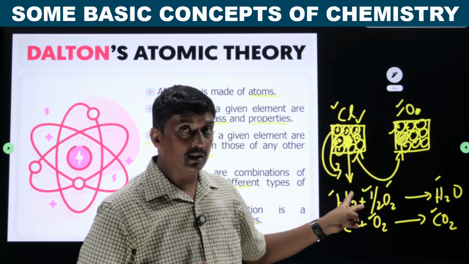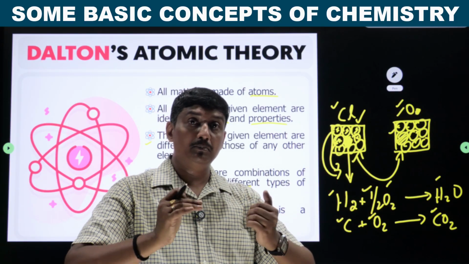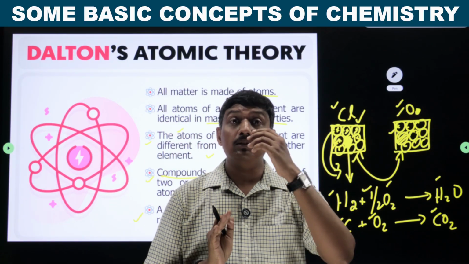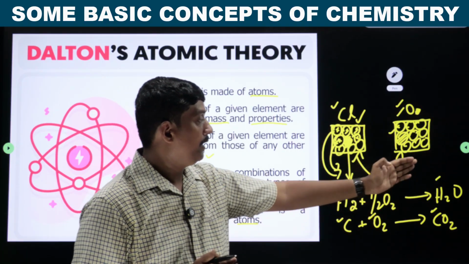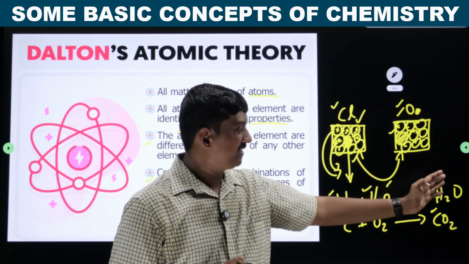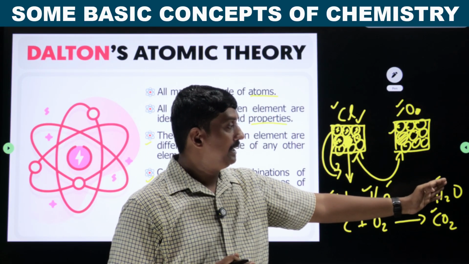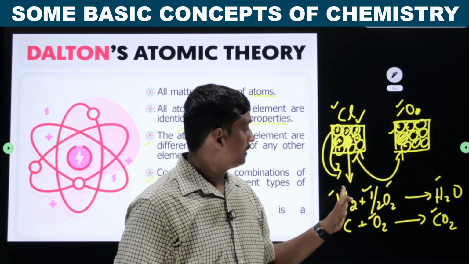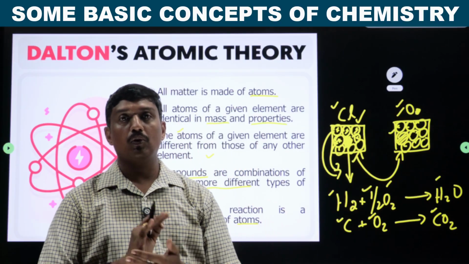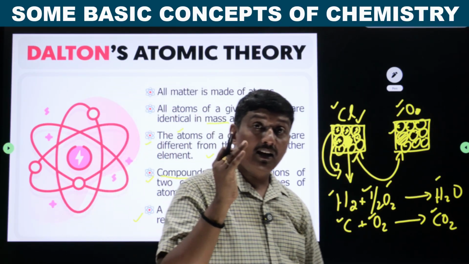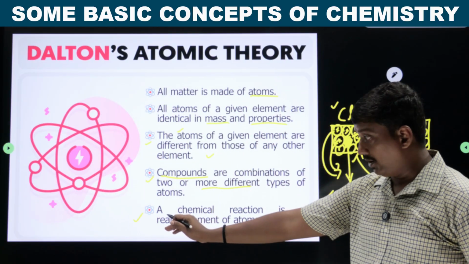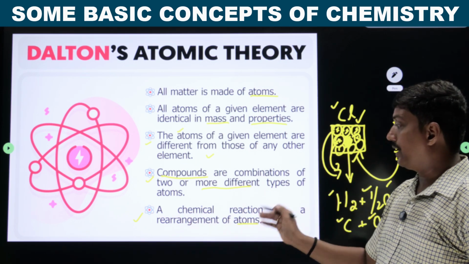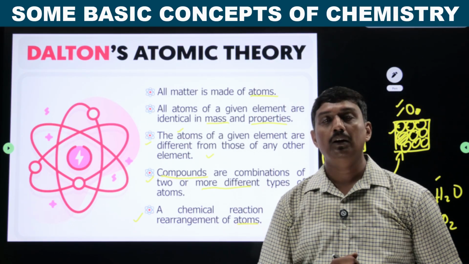During this chemical reaction, rearrangement of atoms takes place. As a result of rearrangement, we get the product, that is a compound. It shows a difference in property, which is not the same as the reactants involved in the reaction. This is the exact meaning of the last theory, that a chemical reaction is a rearrangement of atoms.